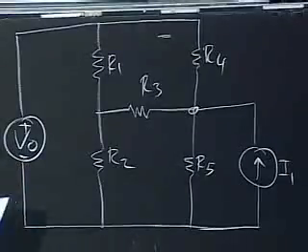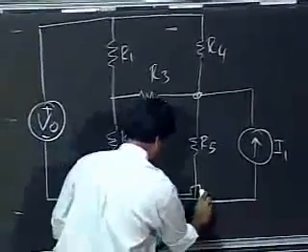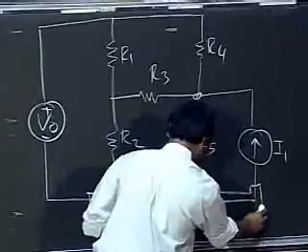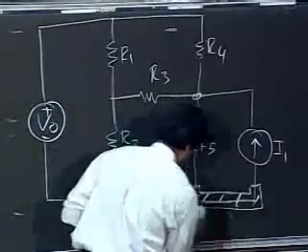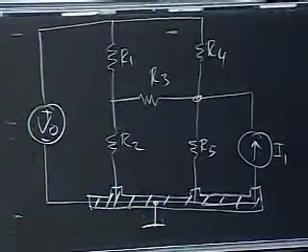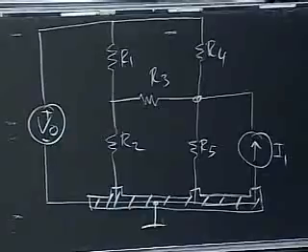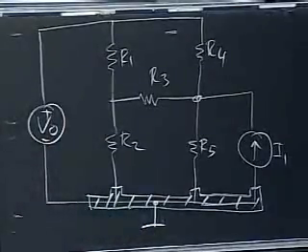Okay, so in this instance, I'm going to choose this as my ground node. Okay, that's my first step. I chose that as my ground node, and I'm going to label that as having a voltage 0.